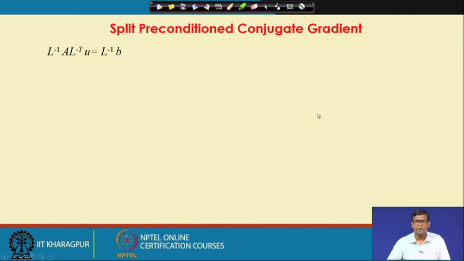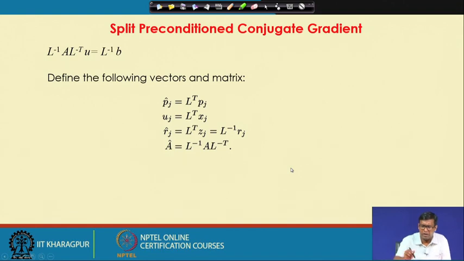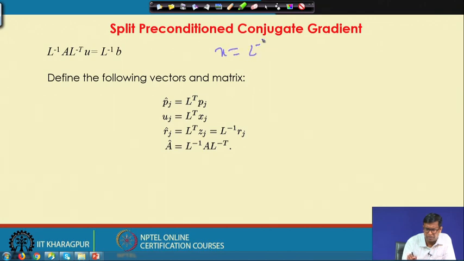Well, we go to the split preconditioned conjugate gradient, which is L inverse A L inverse transpose u is equal to L inverse b, and this also needs the solution of the equation x is equal to L inverse transpose u.